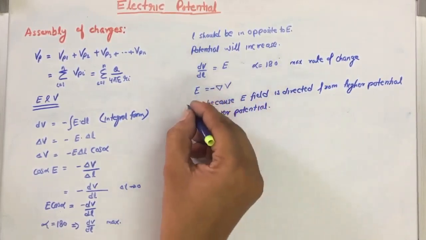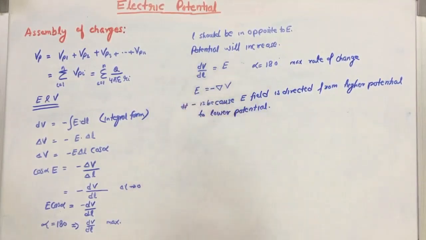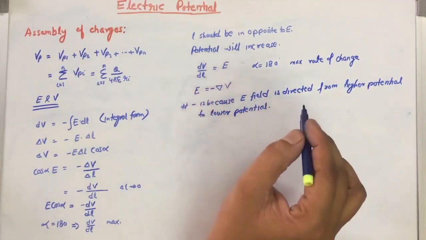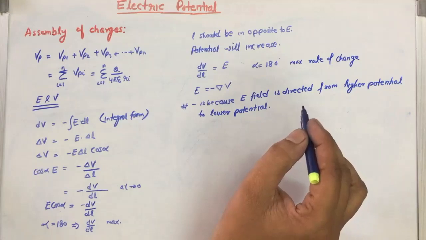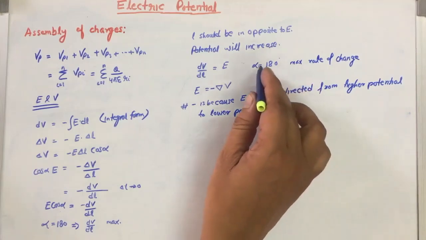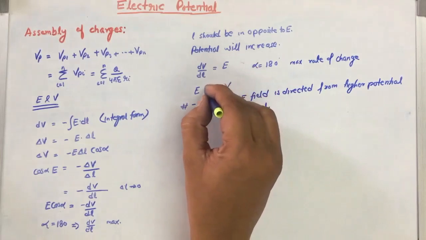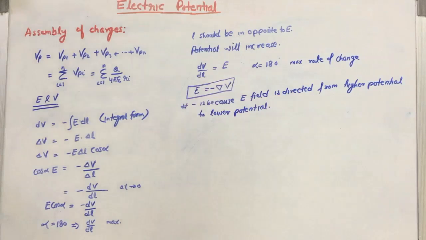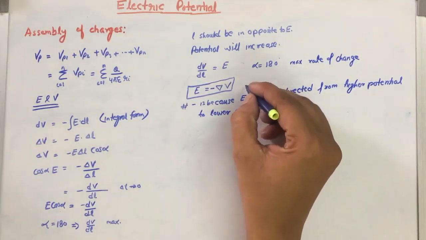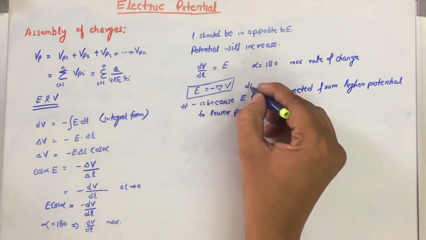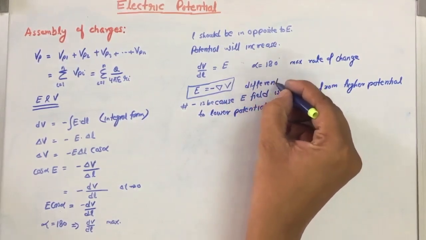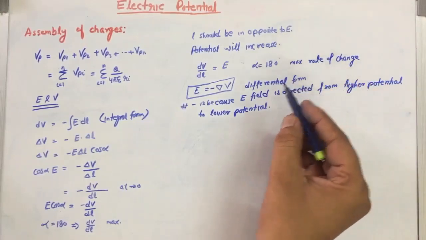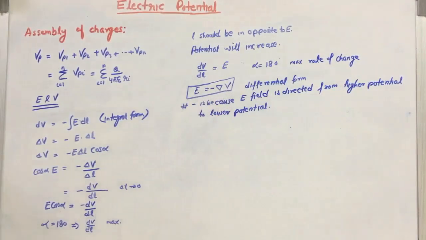That is why there should be negative. And E will be the negative gradient of V because gradient maximizes the rate of change, that is when E and displacement are in opposite direction. And this is called the differential form of relationship between E and V.